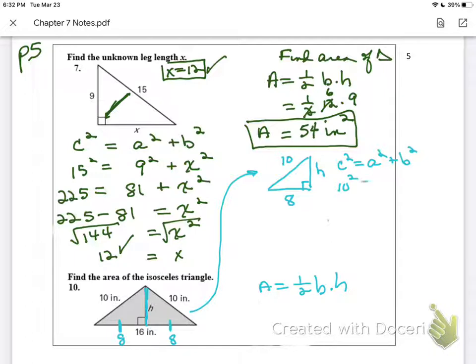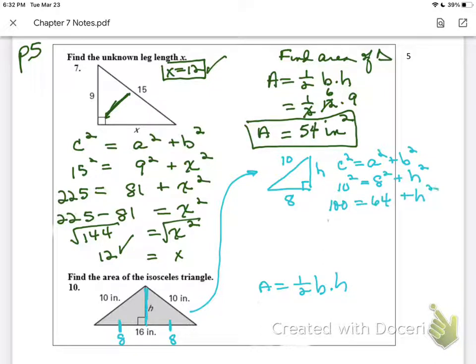It's the 10. Let's use this 8 down here, plus another value, which we're going to call b squared, which maybe what I should do is call it the height squared. Would that make more sense for you? So we'll make that height squared, because that's what I'm really looking for. Okay, so this is 100. This is 64.